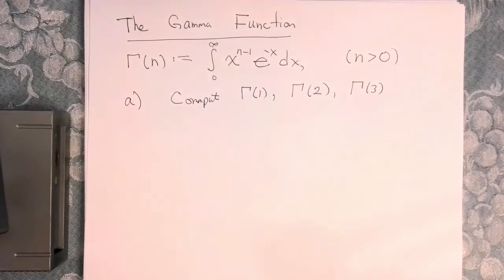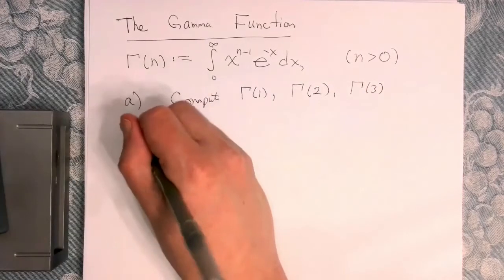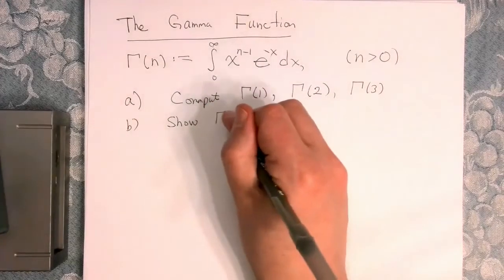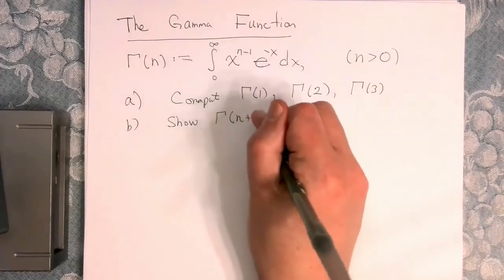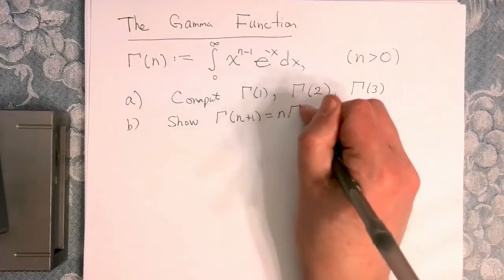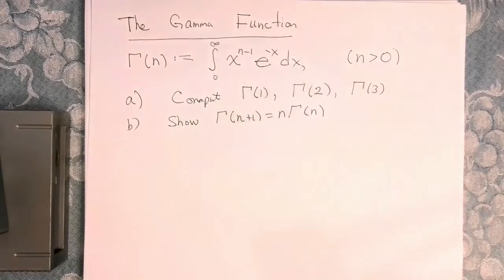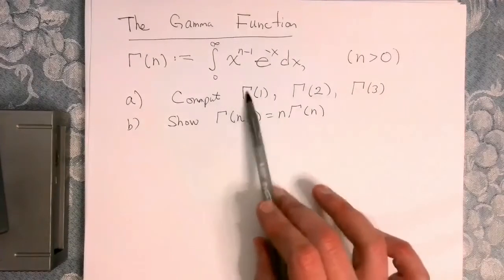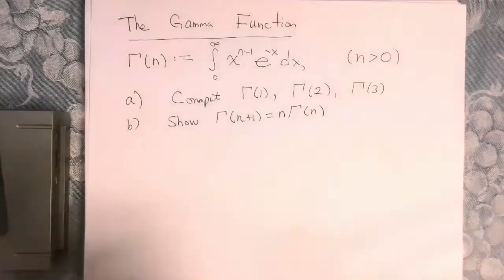There'll be another computation that we want to perform. And B, this is a defining property, so show that gamma of n plus 1 is equal to n times gamma of n. Okay, so there's no need to worry, right? We just need to one at a time compute these and just be very, very careful.